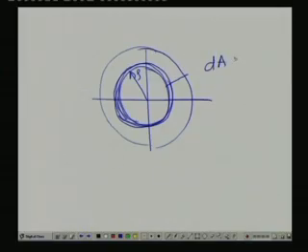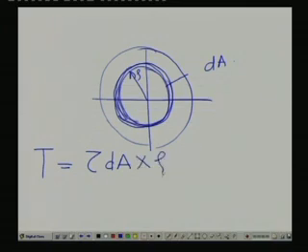So, can we not find out the net external torque T? Torque T is how much? First, shear stress into elemental area is the shear force, multiplied by rho, the distance, is the torque. Tau into dA is the force, and rho is the distance.